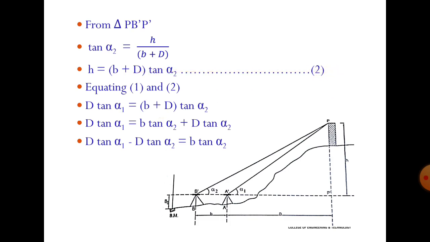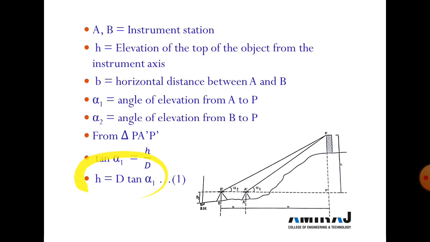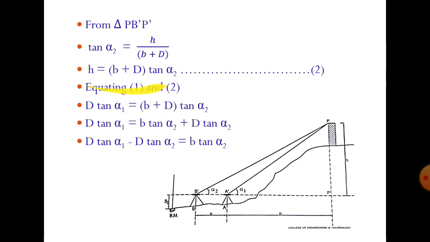Now equating both equation 1 and 2. Equation 1 is h is equal to d tan alpha 1, and equation number 2 is h is equal to (b plus d) tan alpha 2. So d tan alpha 1 is equal to b tan alpha 2 plus d tan alpha 2. Now we take d common: d tan alpha 1 minus d tan alpha 2 is equal to b tan alpha 2.